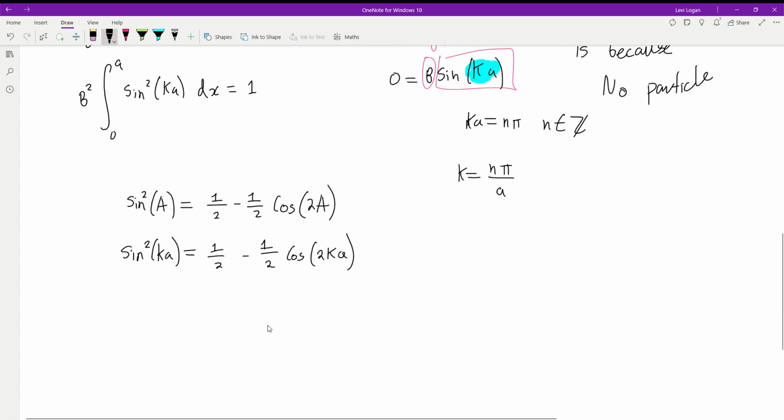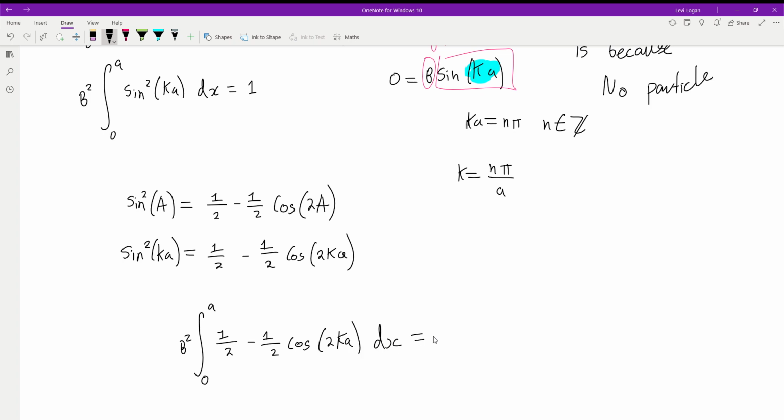So we have B squared, the integral from 0 to a of 1/2 minus 1/2 cos of 2kx dx, is equal to 1.